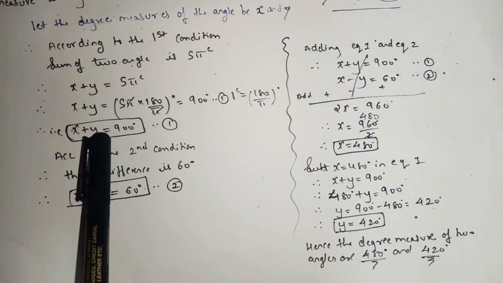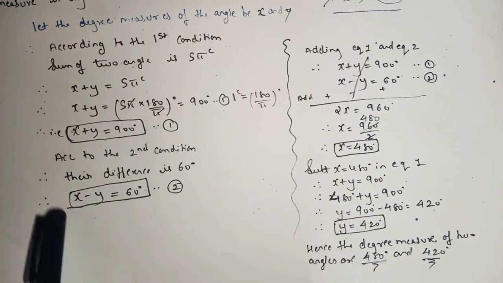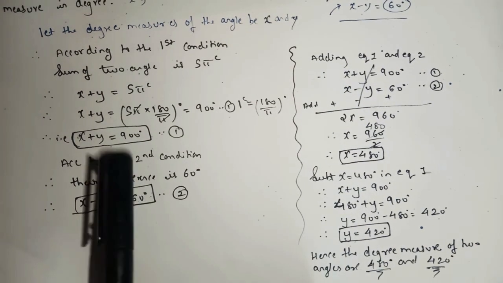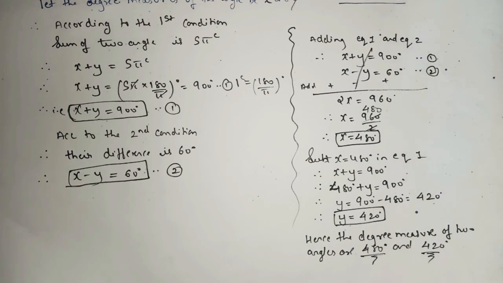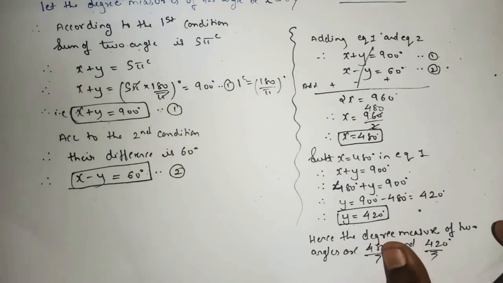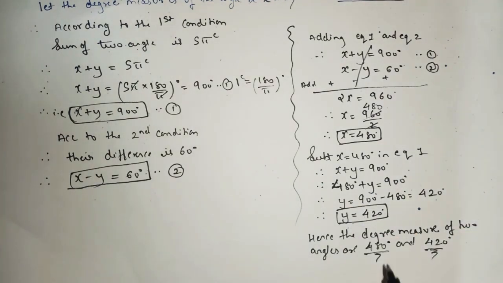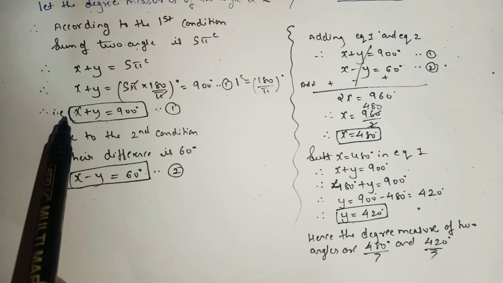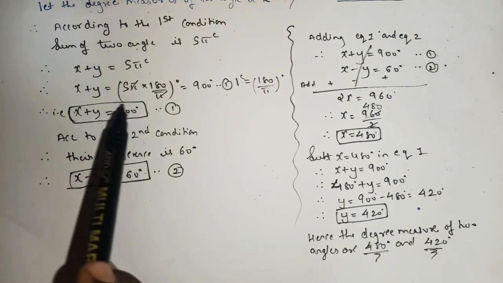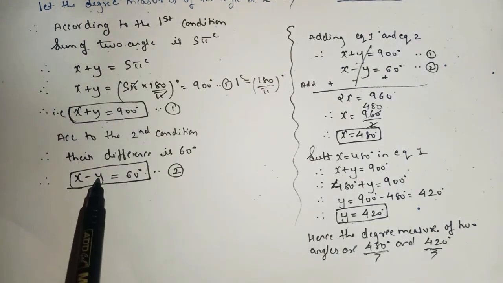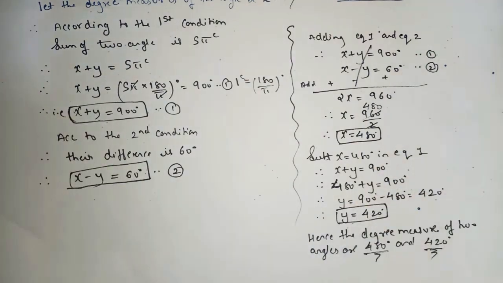So 480 plus 420 is 900. 480 minus 420 is 60. So the answer is perfect. In this way you can verify your answer of x and y, whether it is correct or incorrect.